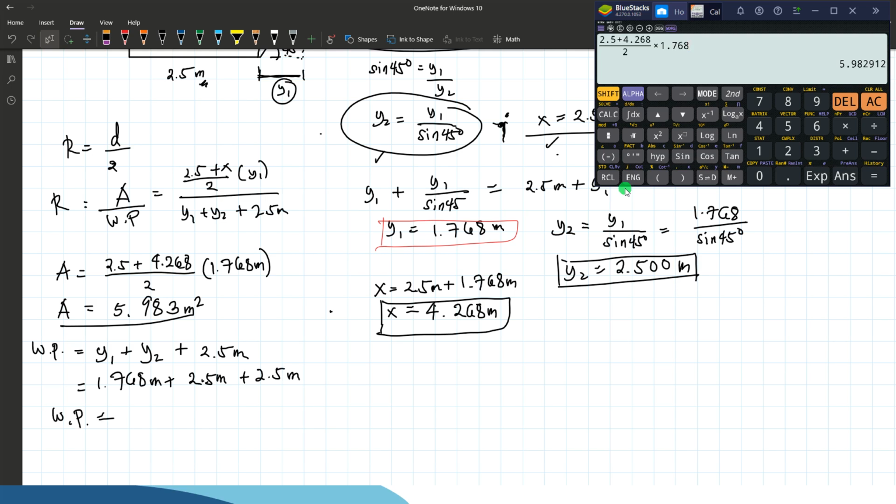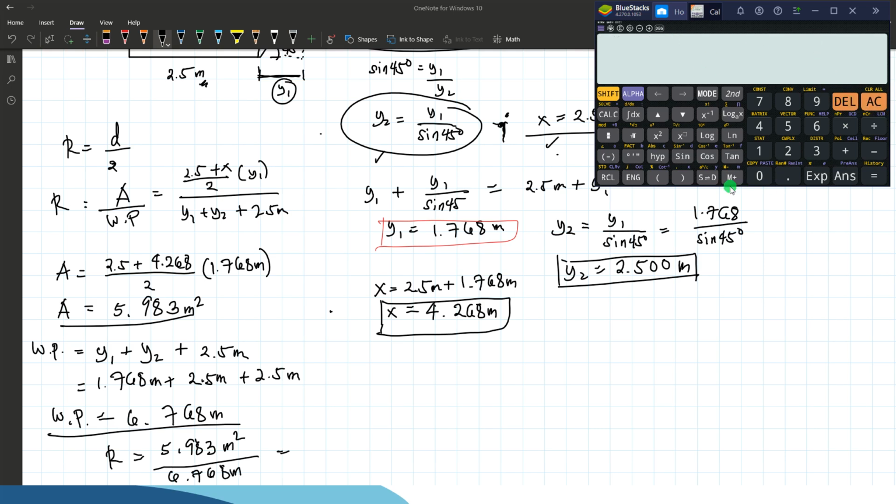The wetted perimeter is equal to 1.768 plus 2.5 plus 2.5, 6.768 meters. Now we can solve for the hydraulic radius, which is equal to the area, 5.983 square meters, divided by 6.768.